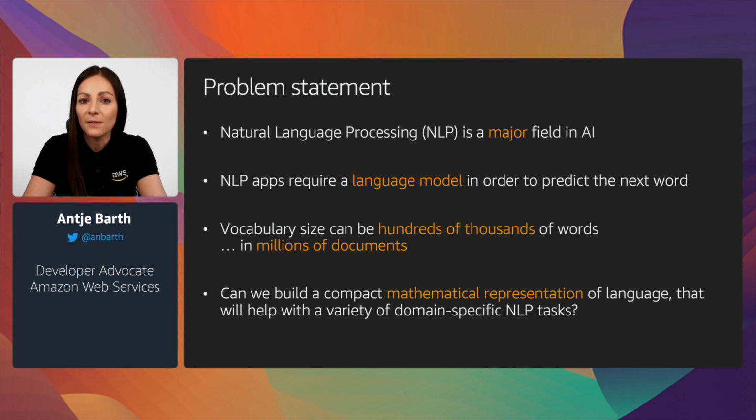The language model consists of vocabularies which can be hundreds of thousands of words across millions of documents. So the problem we're facing here is, how can we build a compact mathematical representation of the human language that will help us with a variety of NLP tasks we want to perform?